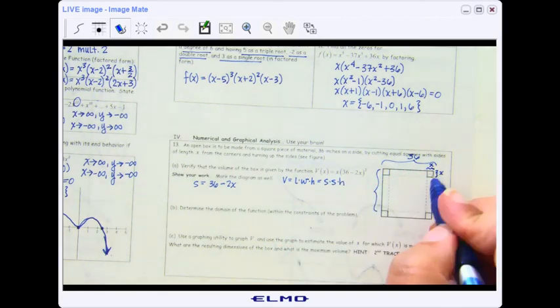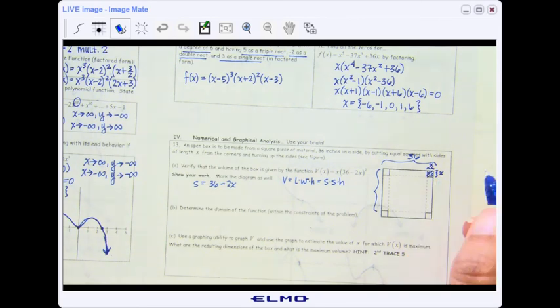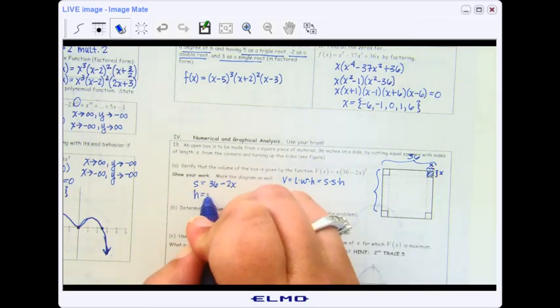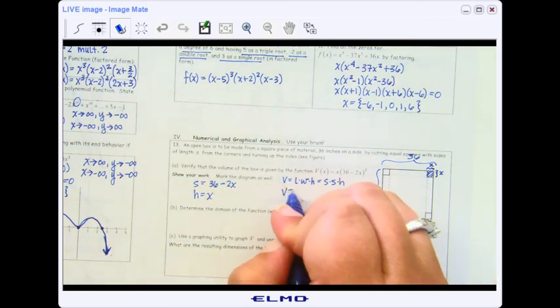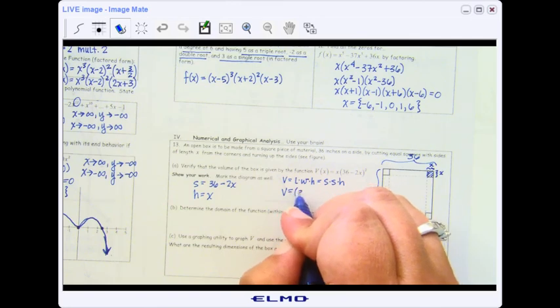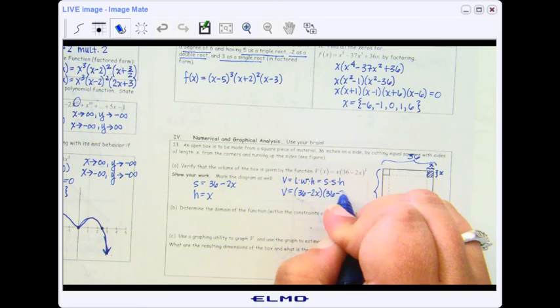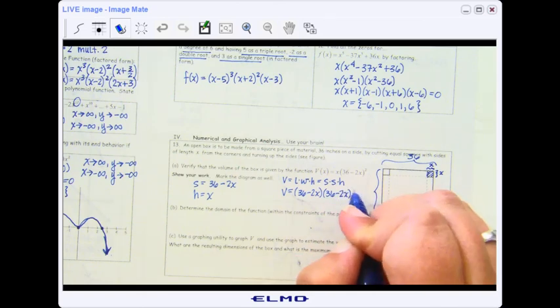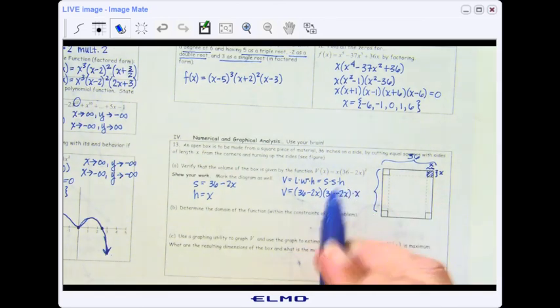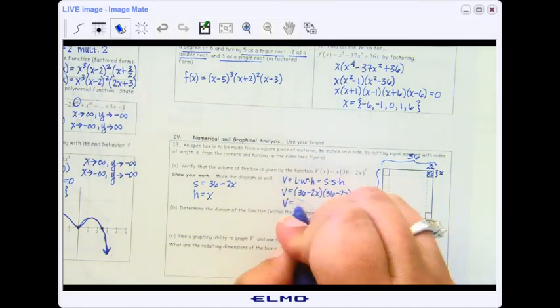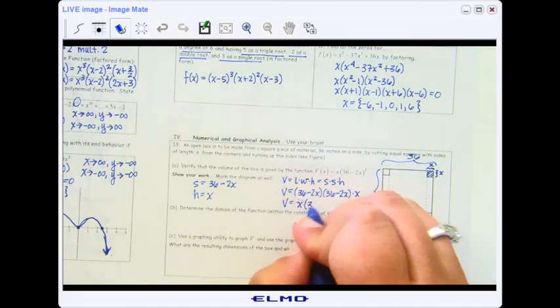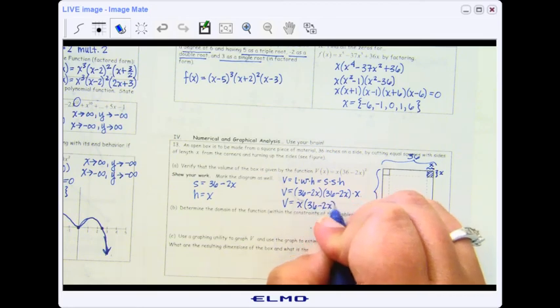Well, the height of our box when I fold up this corner is going to be x. So my volume is equal to 36 minus 2x times 36 minus 2x times x, side times height. And when you simplify that, this is x times 36 minus 2x squared.